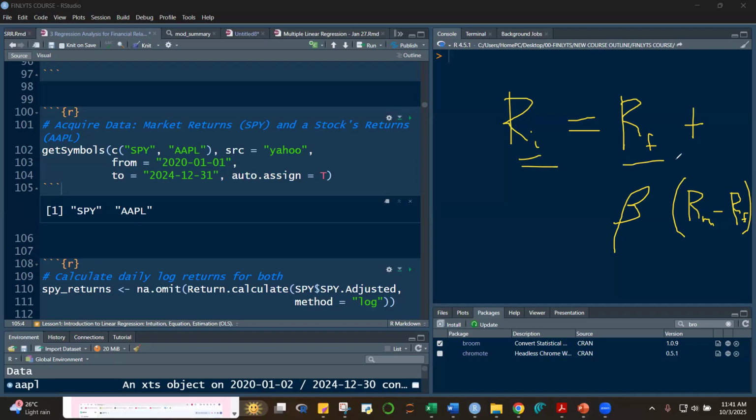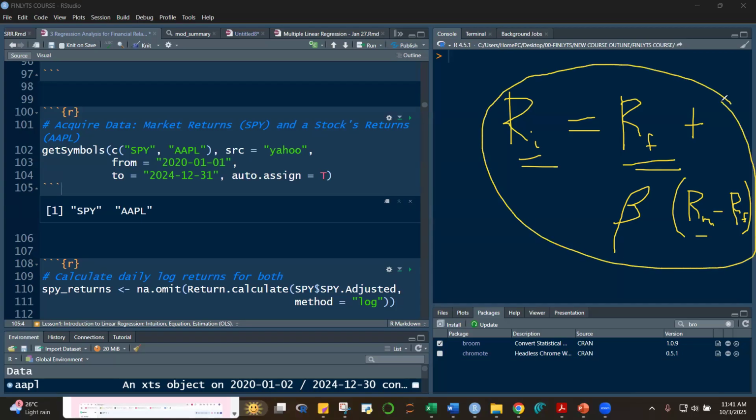It's equal to the risk-free rate plus your beta times the return of the market minus your risk-free rate. If you take a look at this, class, this is a linear model. This is your intercept. This is your slope. And you have your excess returns based on the return of the market, over its risk-free rate. So this reduces into a simple linear regression, class.